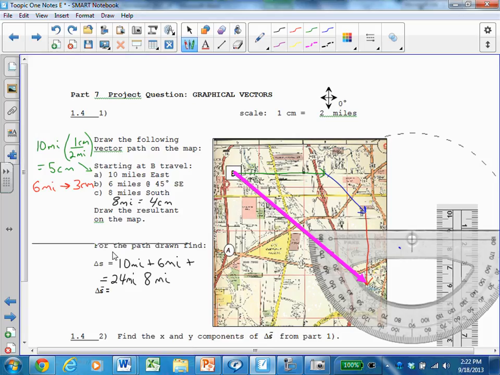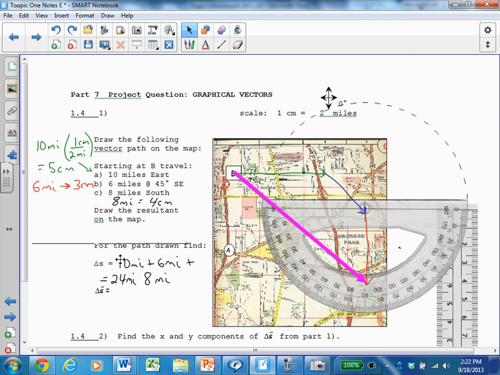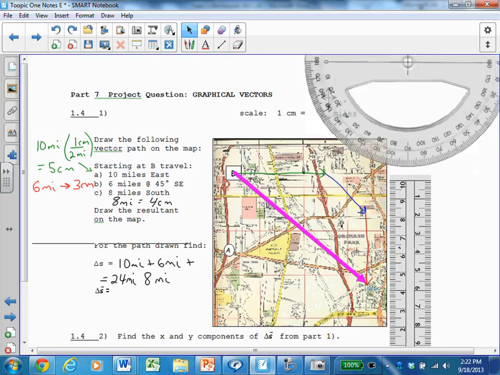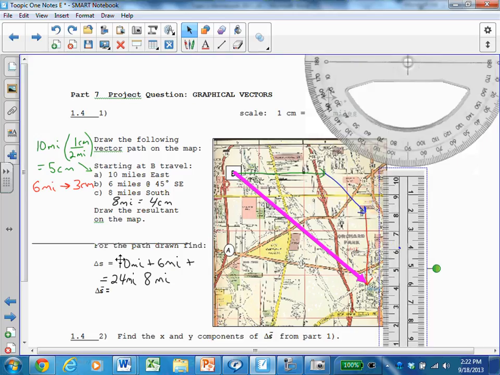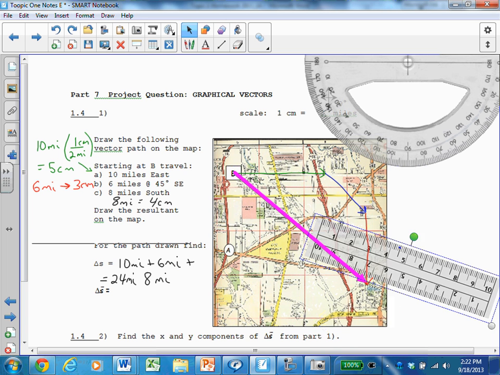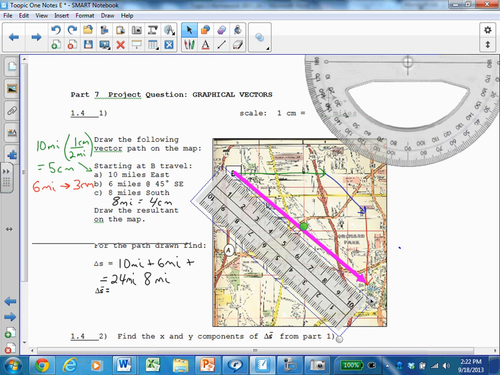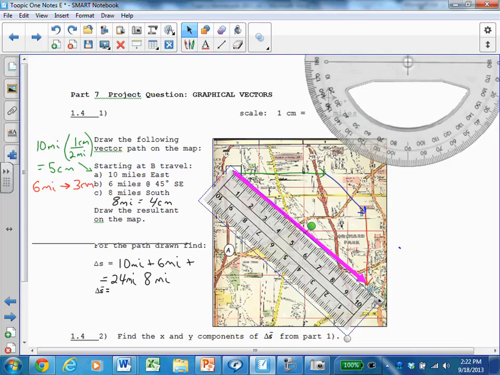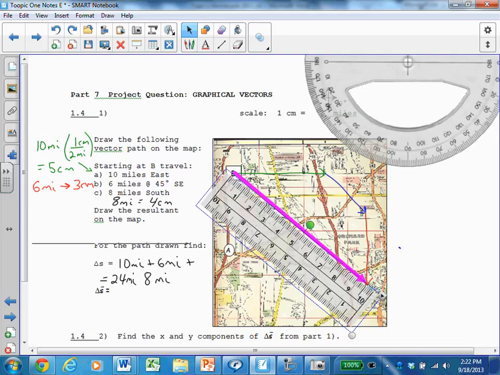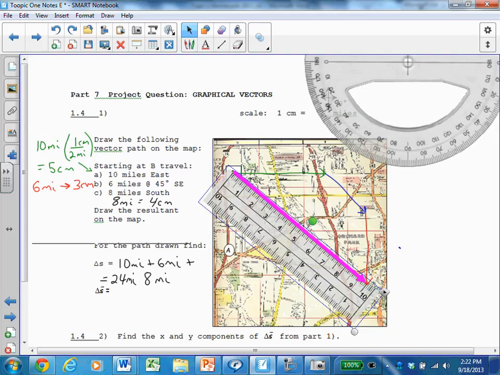Now we go to purple. Now we're going to measure the length of purple. And what I'm coming up with is about 9.5 centimeters. But yours might be a little bit different.